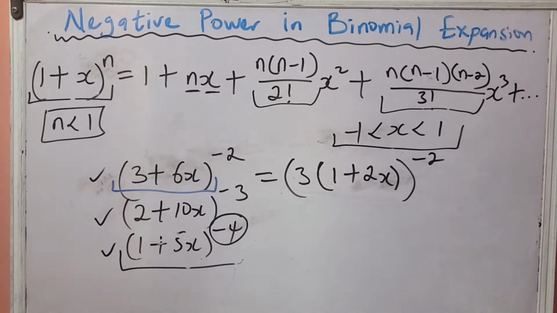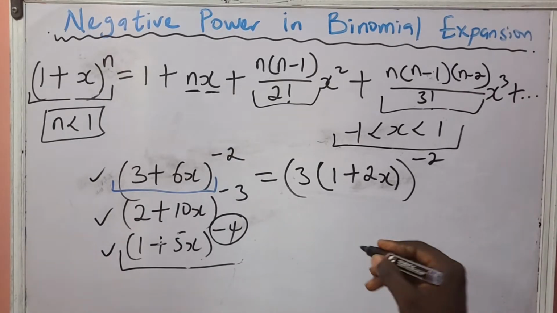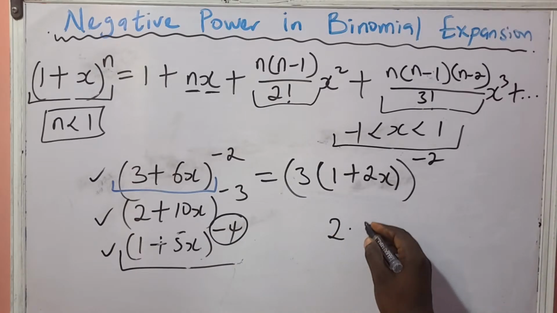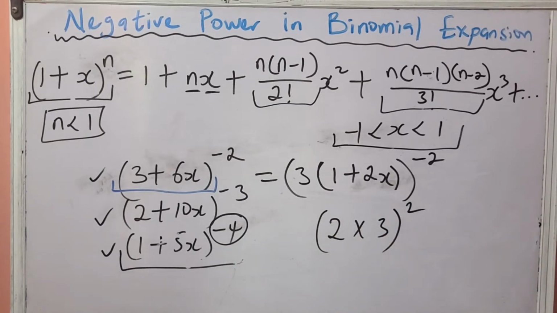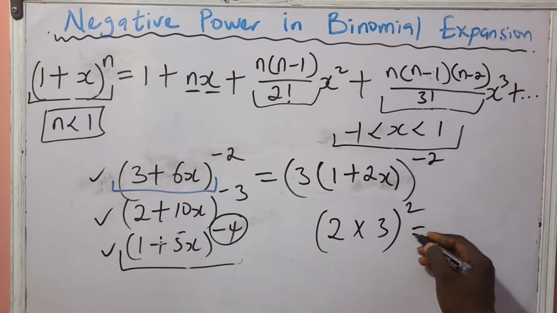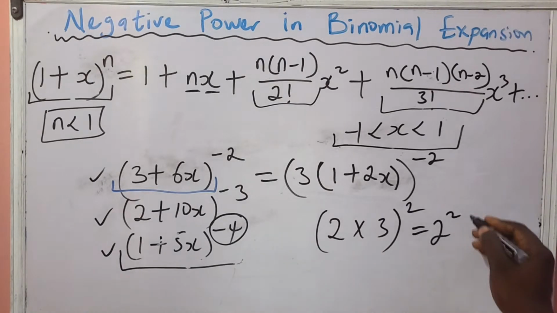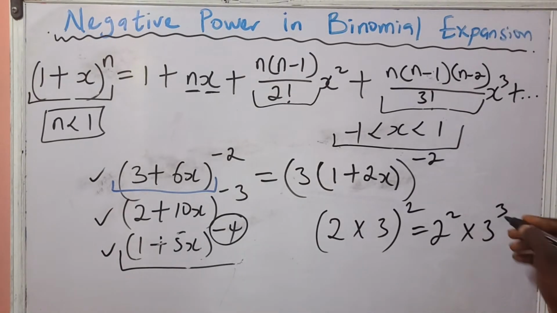Now, I'm sure you understand from algebra generally, or under mathematical operations, that if I have 2 times 3, okay, let me write it as times. If I have 2 times 3 raised to the power of 2, I'm sure you agree with me that this is the same thing as 2 raised to the power of 2 times 3 raised to the power of 2.